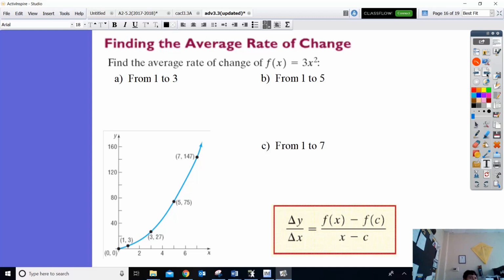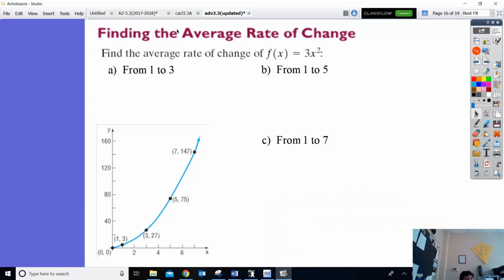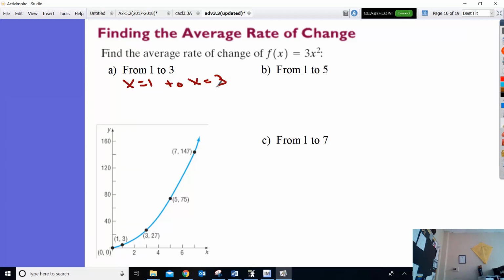All right, so find the average rate of change for this function f of x equals 3x squared. And don't even worry about this thing right here. Gone. From 1 to 3. Those 1 and 3, what do they represent to you? X values, x equals 1 to x equals 3. If you have an x value, what can you get?